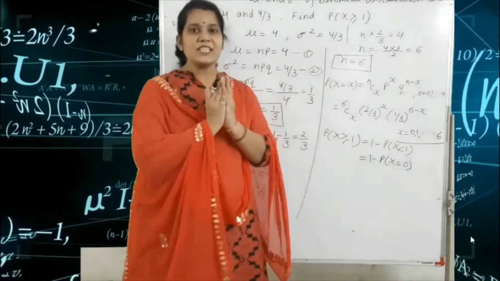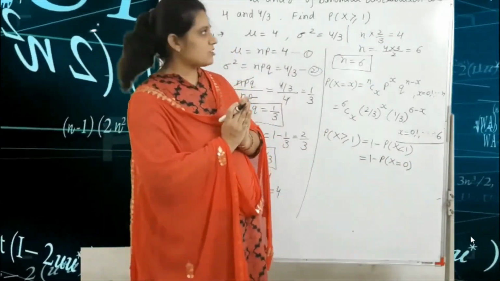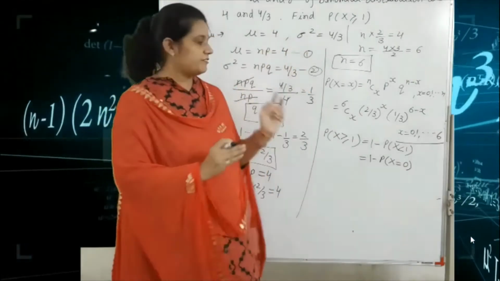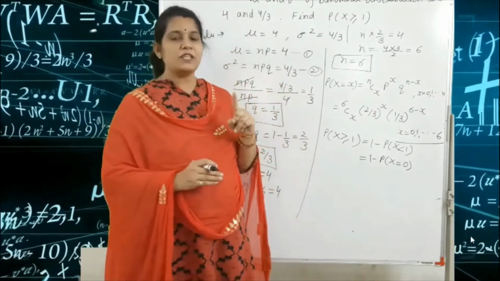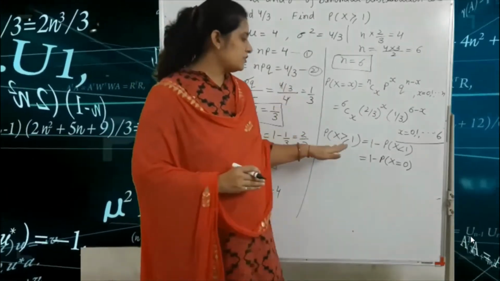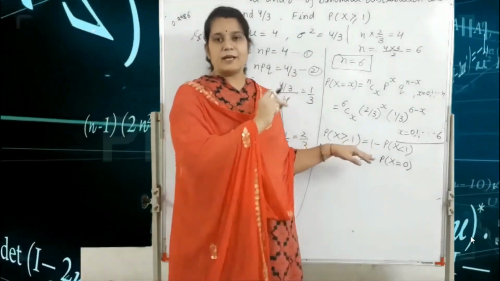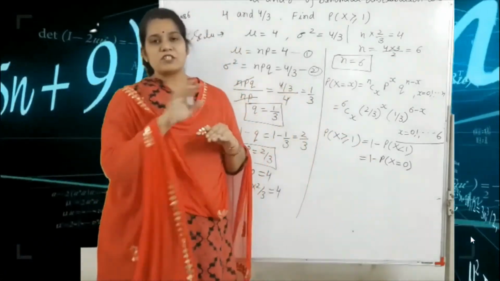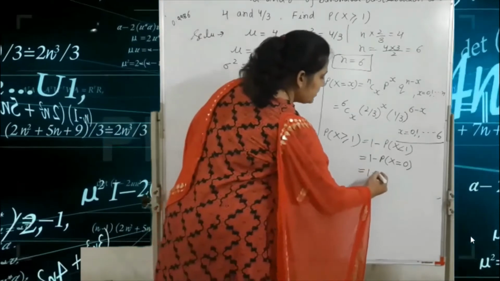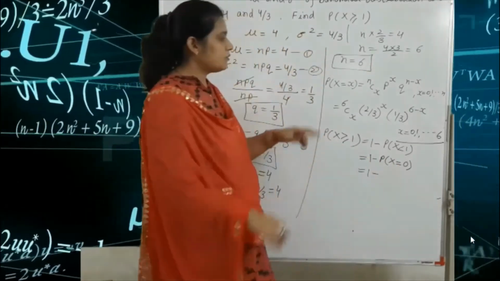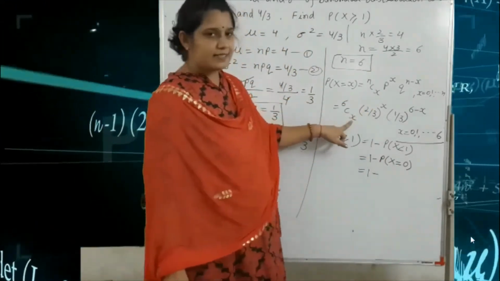So this is a very short solution because we use the trick. Trick, that means what? Total probability is always 1. So every question uses this type of term, so our process is not very lengthy. Okay, so here we write 1 minus P(X = 0), that means here we put x is equal to 0.